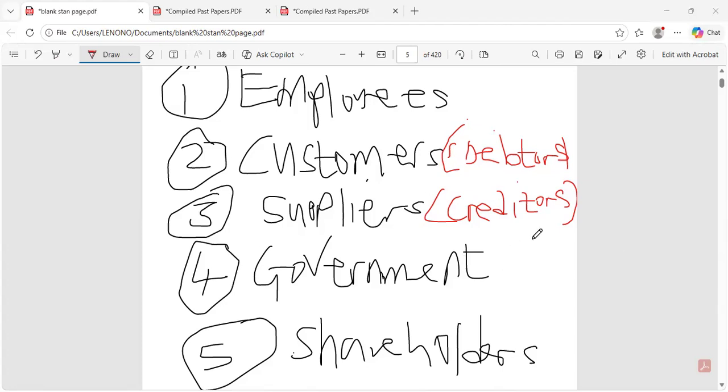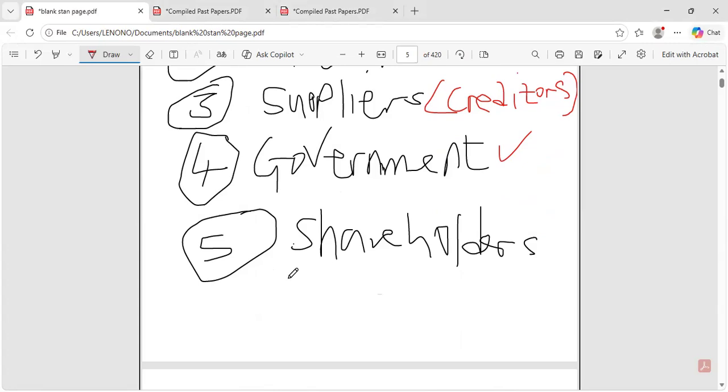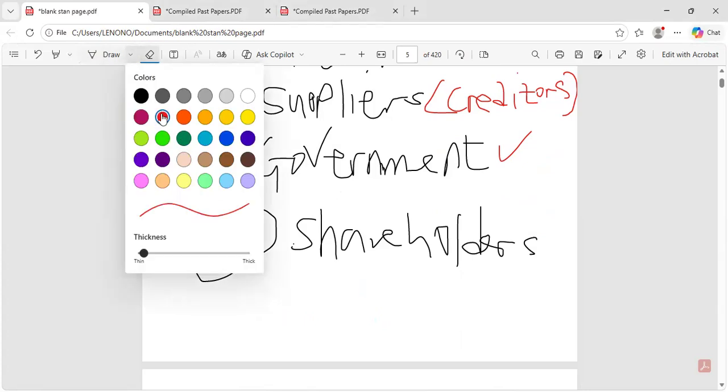Then the other aspect, shareholders. They believe in the dividend payout to them. If the company is not doing fine, there is no dividend, because the dividend is the profit that is distributed to them.